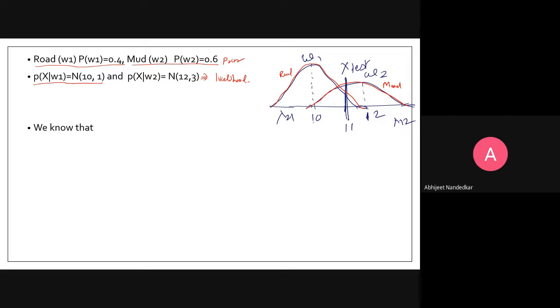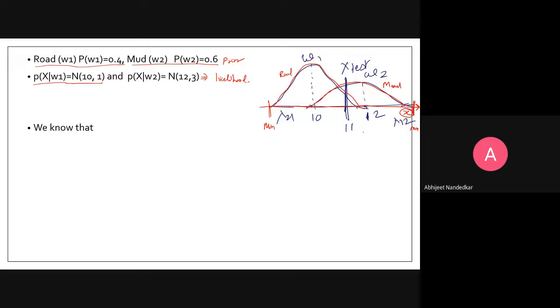This is the x-axis, which is the feature x. Feature x ranges from some minimum value here to some maximum value here. It depends on the surface you are traveling on.